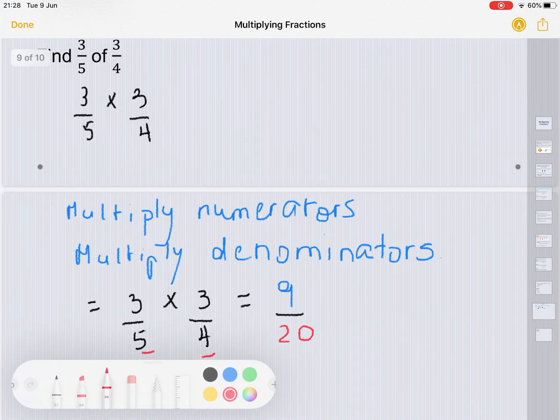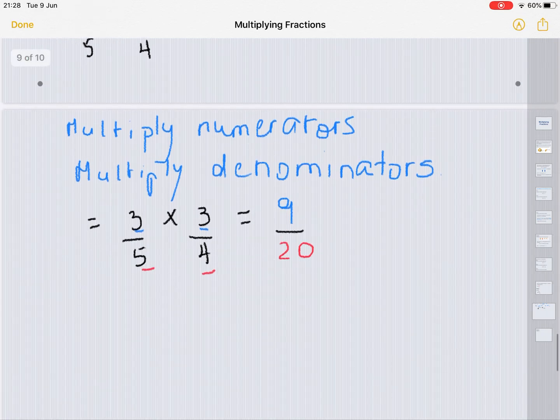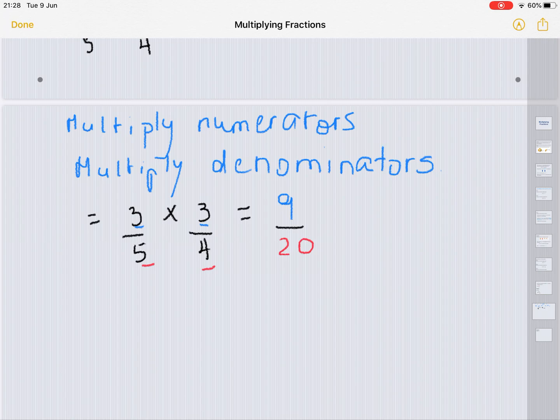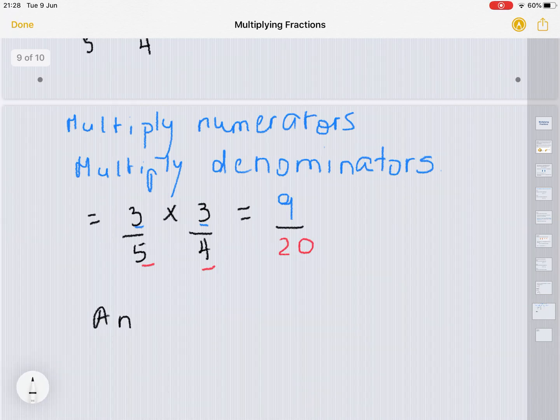These are the denominators and these are the numerators. 9 on 20 cannot be simplified further, so our final answer is 9 all over 20.